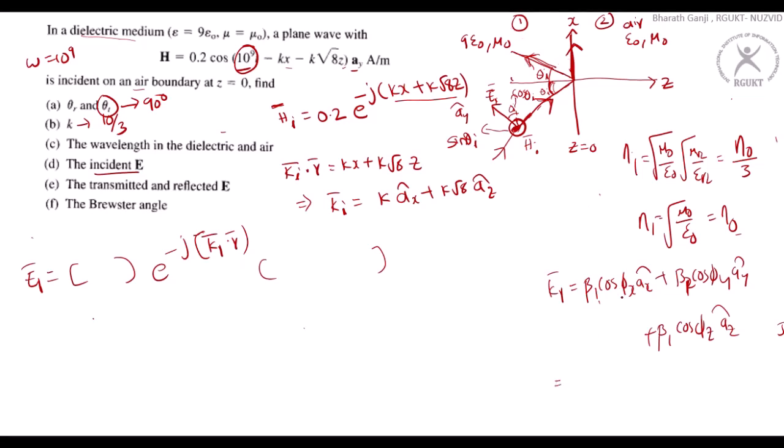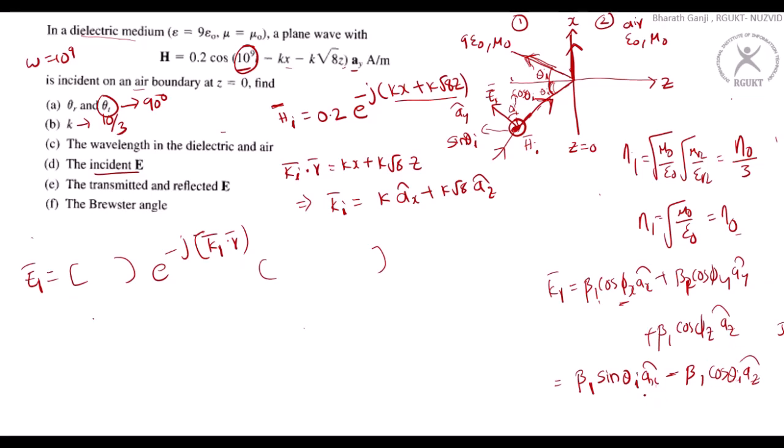So phi x is 90 minus theta I. So you get beta 1 times sine theta I ax cap, and with the y-axis, because the y-axis is perpendicular to this plane, it makes 90 degrees, so cos 90 is 0, and beta 1 times, with respect to the z-axis it is making an angle of 180 minus theta I, so you get minus cos theta I times az cap. So this is your reflected wave vector.